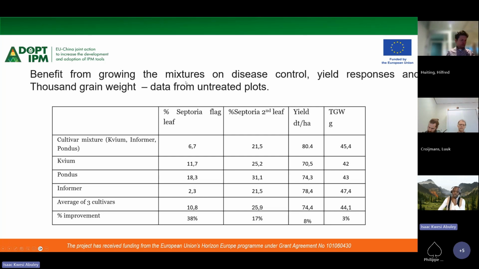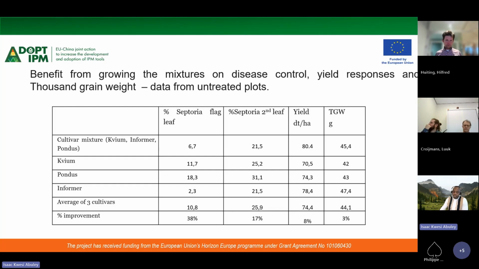So the key conclusion we've seen over the years is that, especially in treated plots, you may not see very big differences. You may see some slight differences between them. Mostly, they are not statistically significant. However, you still see some benefits. But in the untreated plots, we see much more benefits. For yield, for example, it ranges from 1 to about 3%.